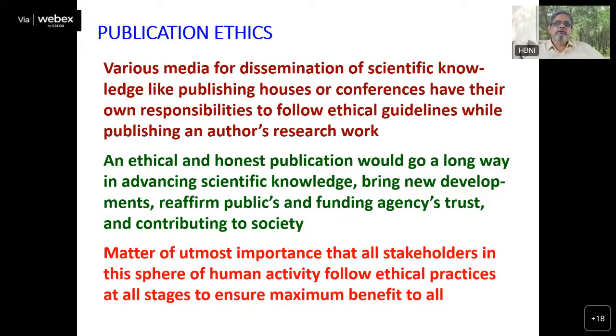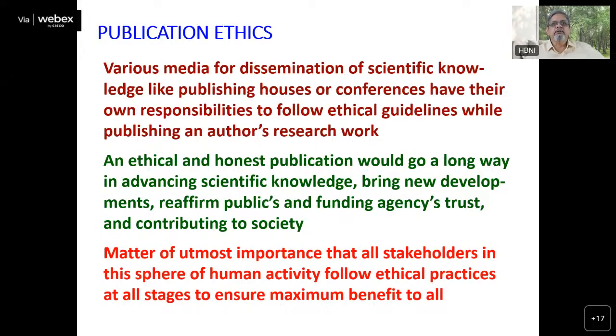Or you can also disseminate your scientific knowledge in conferences. All these entities, the publishing houses and conferences, have certain responsibilities to follow ethical guidelines while the particular scientist's research work is published or presented in a conference. So finally, an honest publication, or a publication which has resulted from ethical research, would go a long way in advancing scientific knowledge.